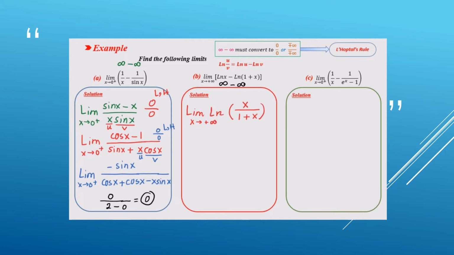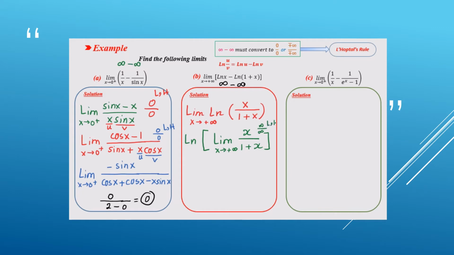Since ln is a continuous function, you can move the limit inside and you will get ln of the limit of x divided by 1 plus x when x goes to positive infinity. Now if we replace infinity here, you will get infinity over 1 plus infinity, so we have infinity over infinity.